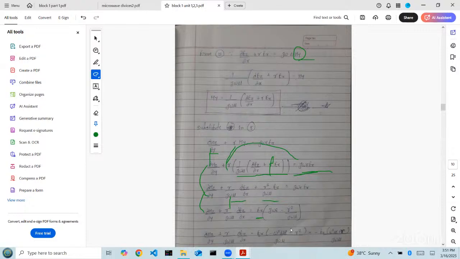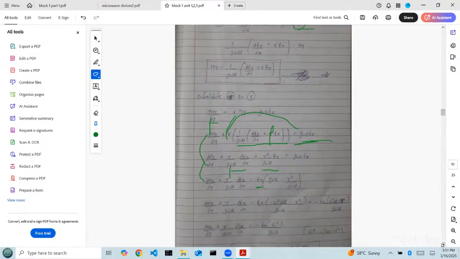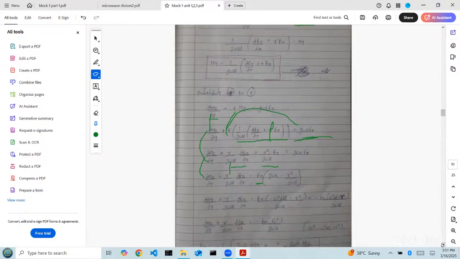What is the next step? Finally, our intention is to calculate Ex. Tell me the next step. First step as it is, second step as it is. What was done on the RHS side?